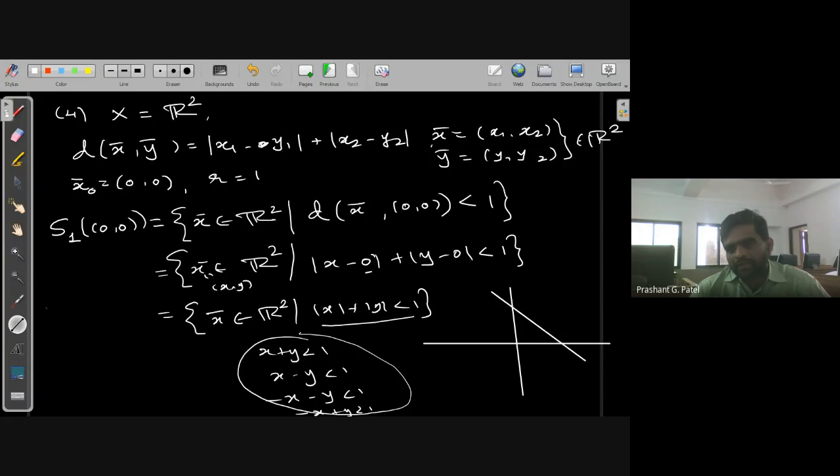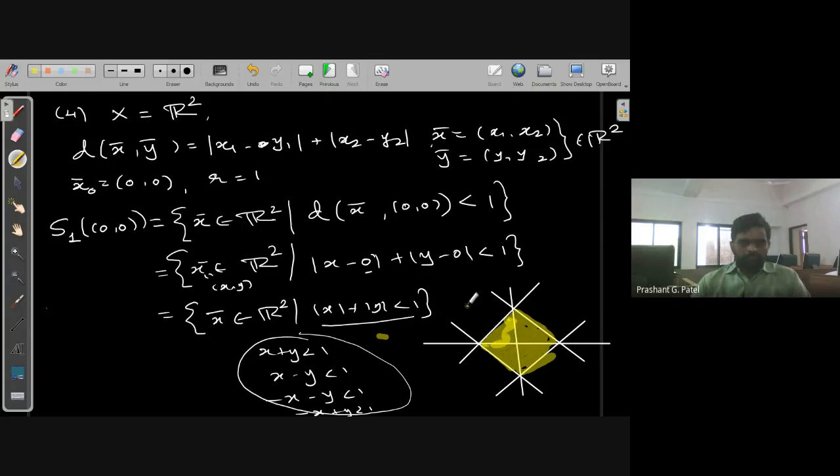The first line is here, the second line is this, the third line, and this will be the fourth line. And this region is the inside portion which lies in this square, all the points without the boundary. It is represented by the open sphere.